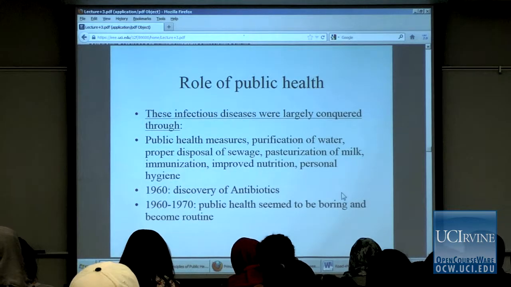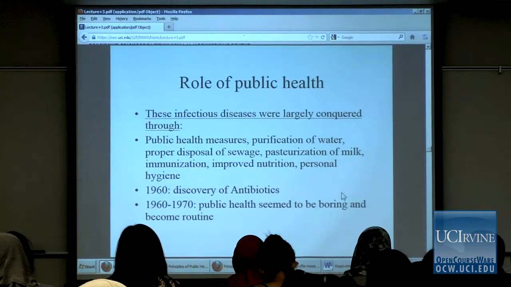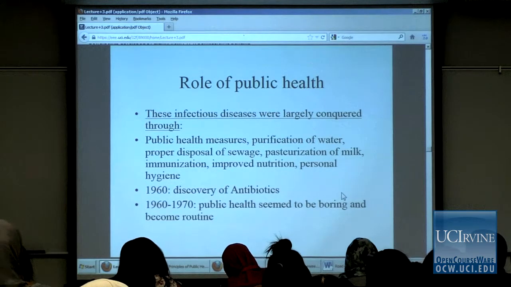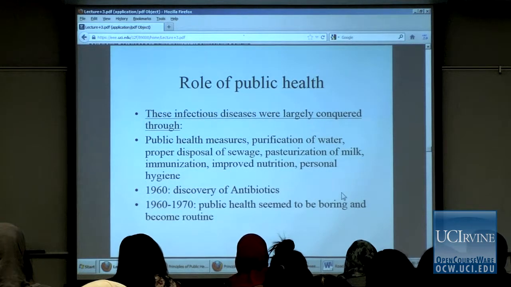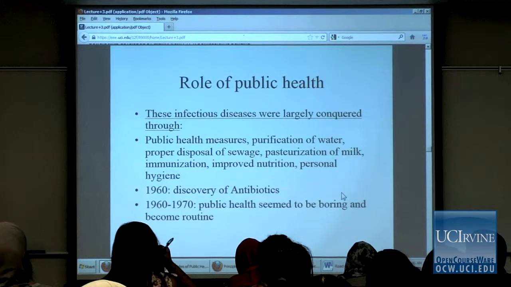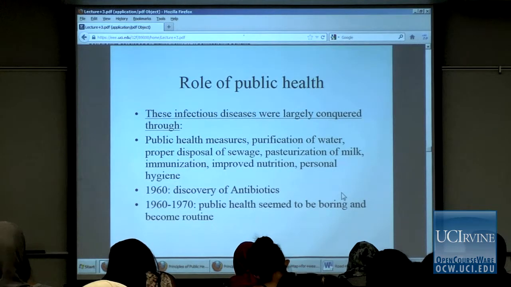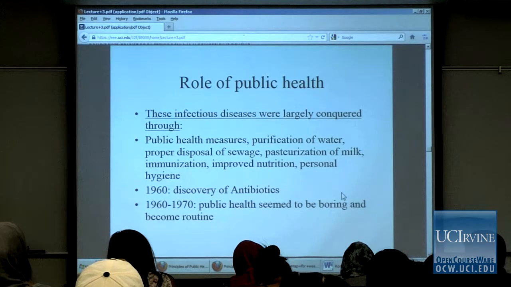So if you look at 1960, which is not a long time ago, 1960 was the discovery of antibiotics. It was a huge, big change in public health, because from this started the process: we are using antibiotics, so we can minimize the risk with infectious diseases.